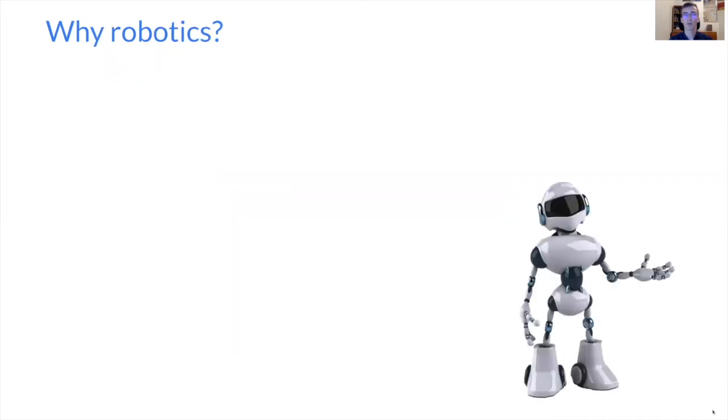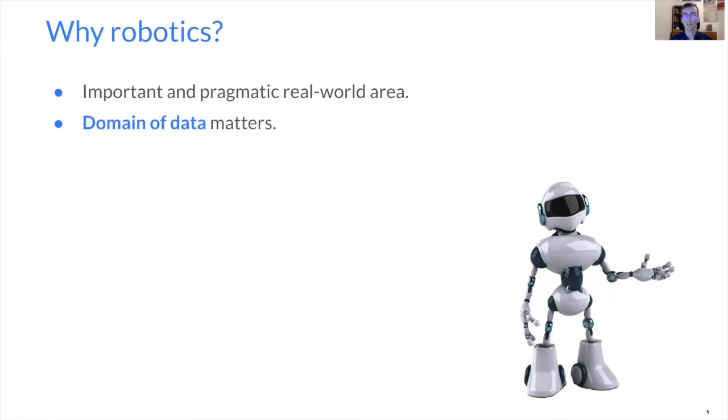So why robotics? First of all, it is an important and pragmatic real-world area that we all care about. Secondly, the domain of data that we train our algorithms on really matters.